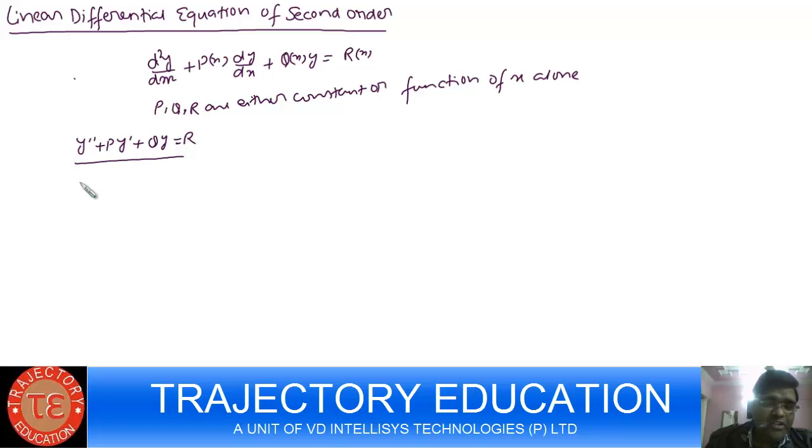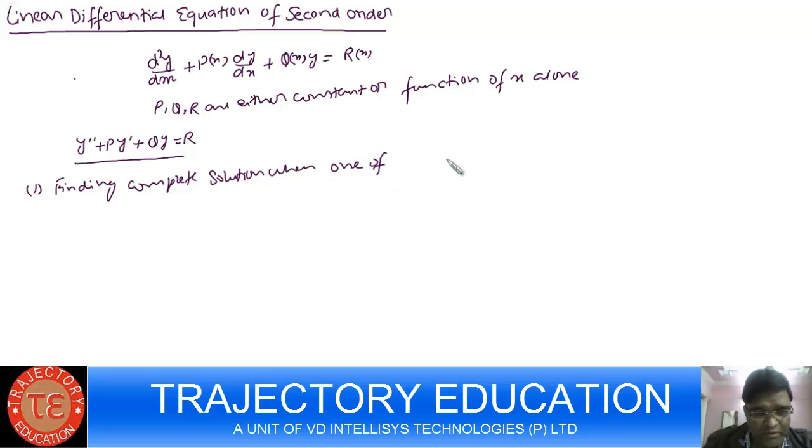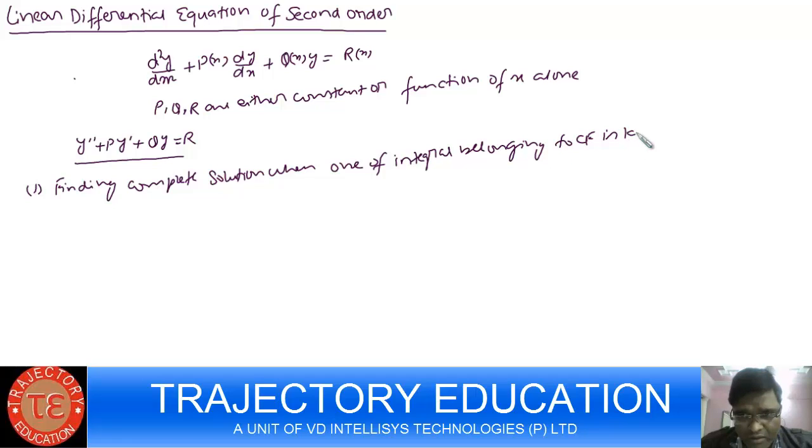Now here I'll discuss with you two methods. One method will involve finding the complete solution when one of the integrals belonging to the complementary function is known.